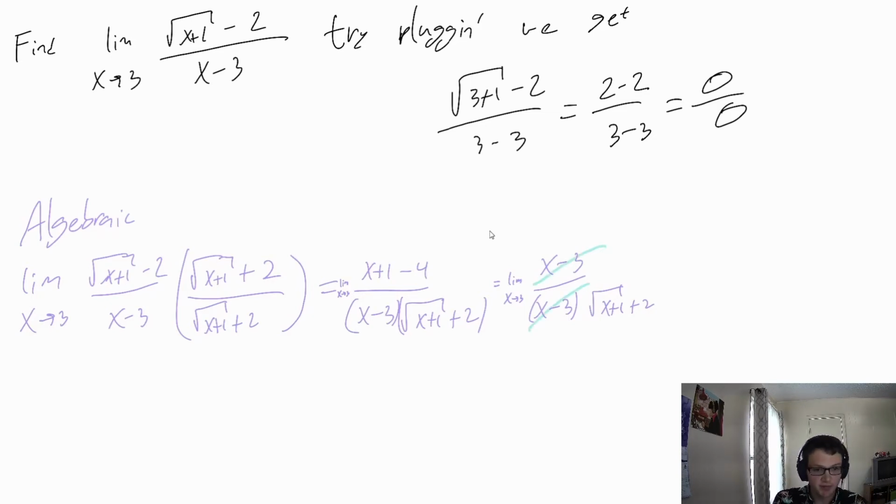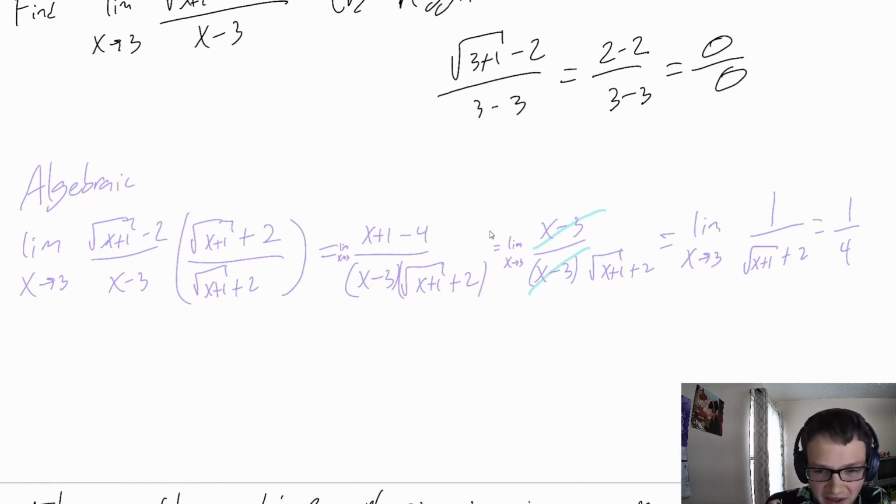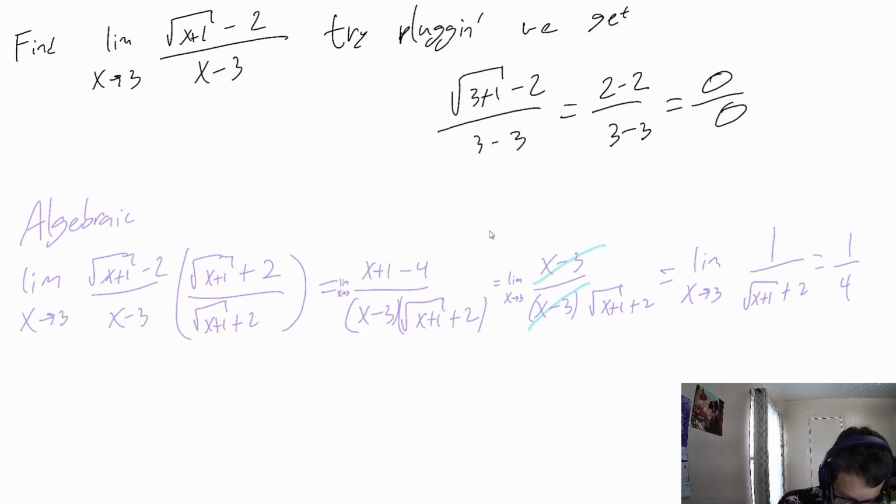The x minus 3 on top and bottom cancel out. So this equals the limit as x approaches 3 of 1 over the square root of x plus 1 plus 2. Let me rewrite that to make that prettier. Now we can plug in, and we're going to get 1 over 4. Sorry, couldn't calculate the square root of 4 again. We're going to get 1 over 4. Now, we can also use L'Hopital's rule here.